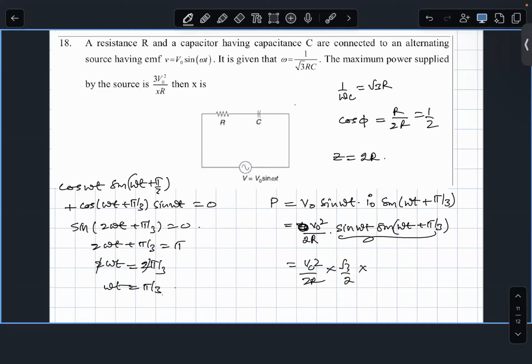1 by 2 కదా, sin pi by 3 plus pi by 3, అరే ఒమేగా టీ ప్లస్ పై బై 3 అంటే 2 పై బై 3 కదా, రూట్ 3 by 2.